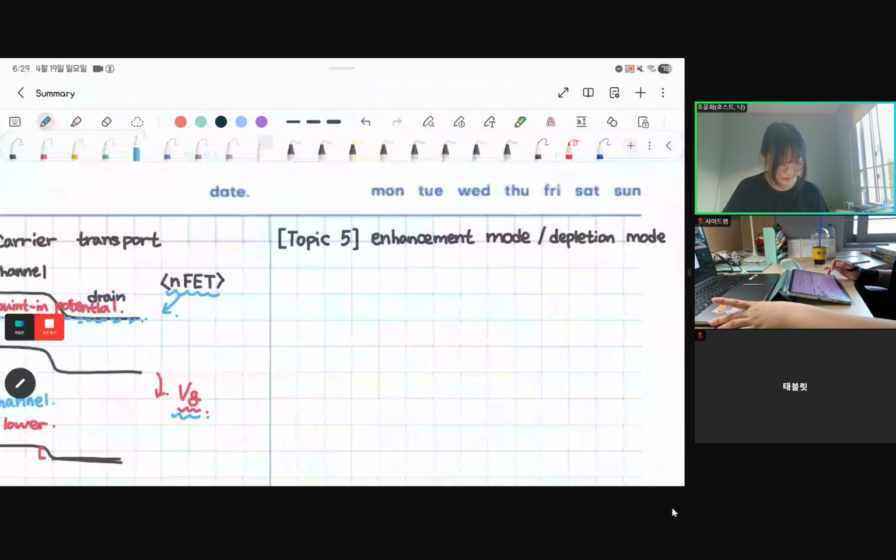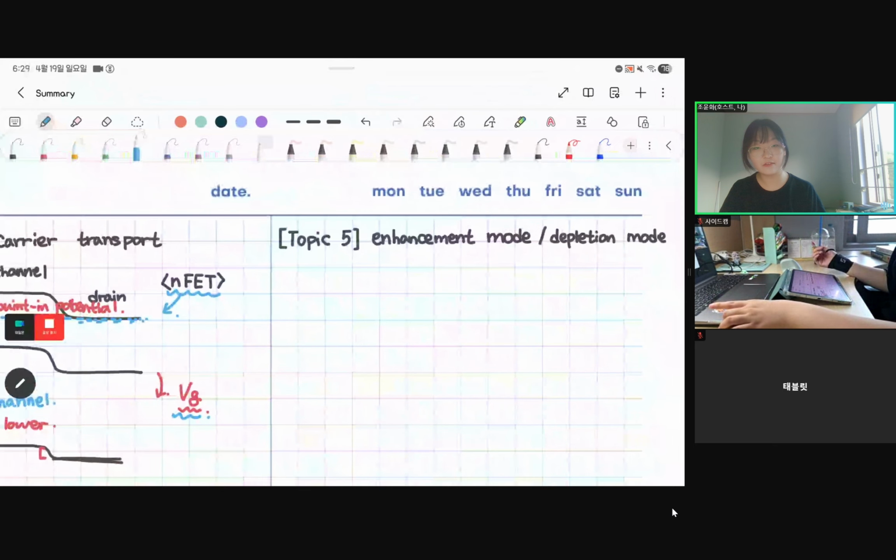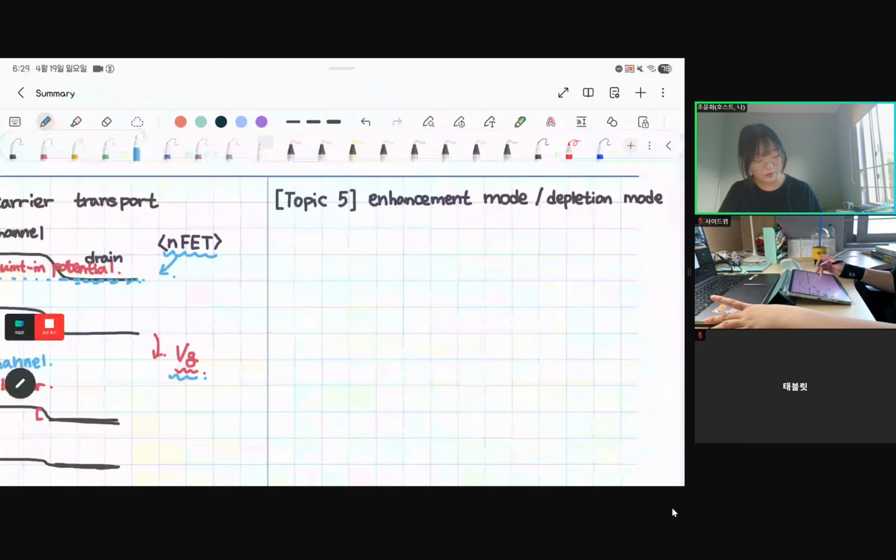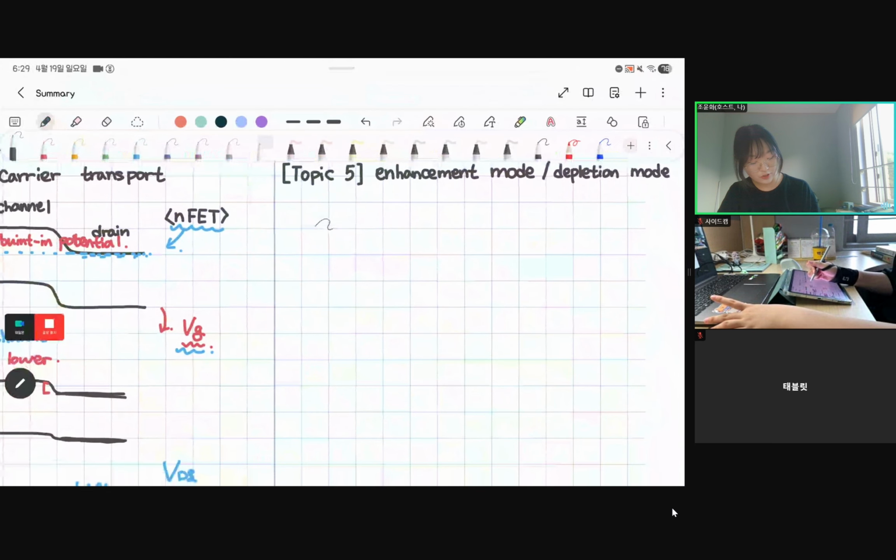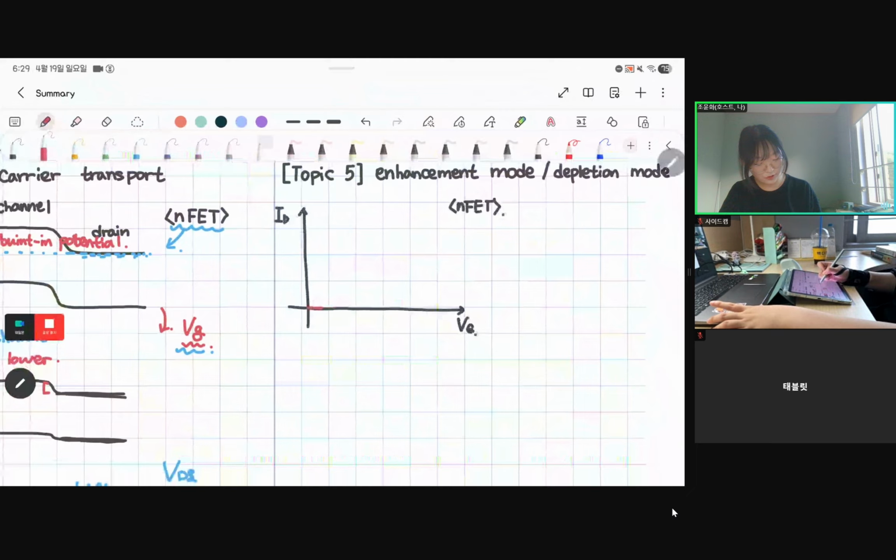So there are two modes in the MOSFET. The first mode is enhancement mode and the second is depletion mode. Let's draw an ID-VG characteristic again for a MOSFET. We can draw the ID-VG characteristic like this.